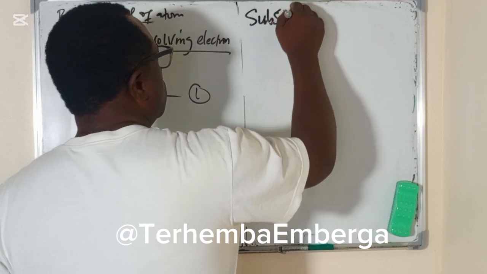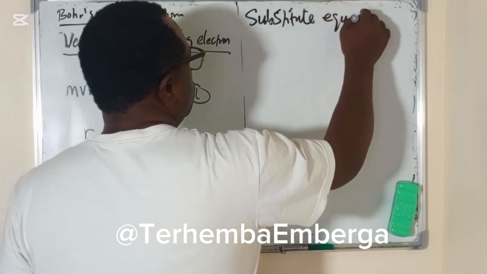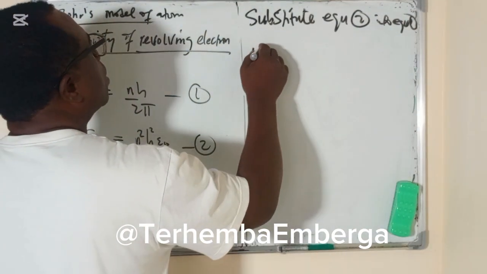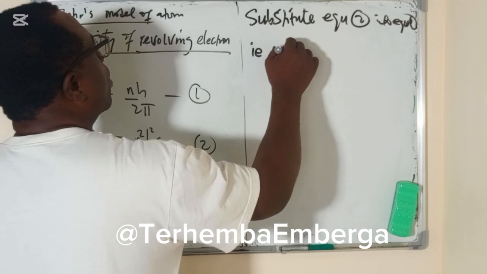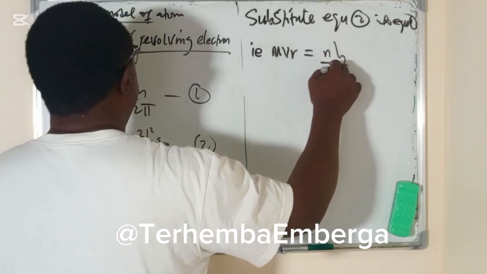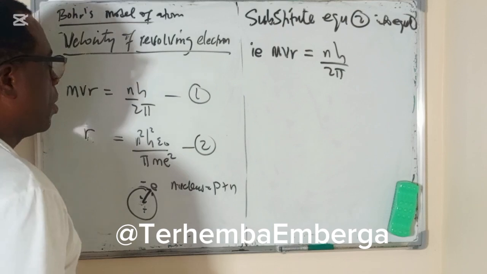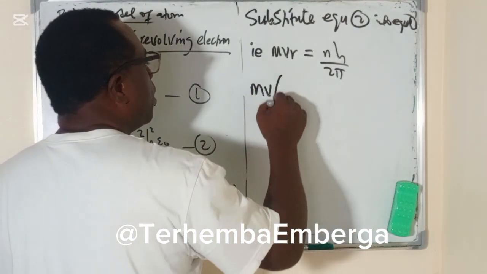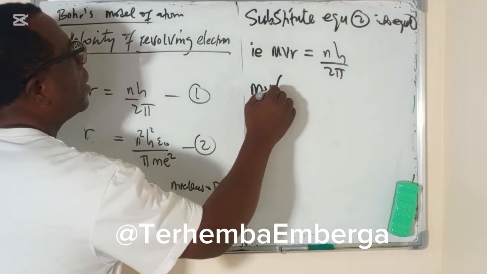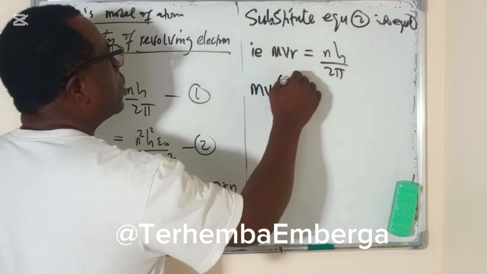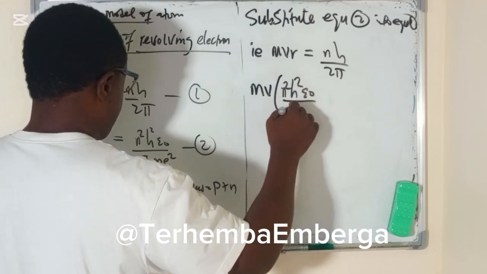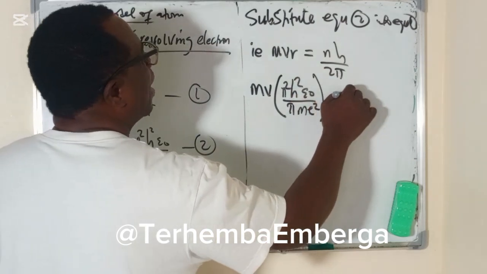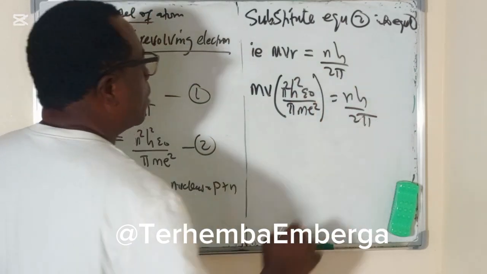Substitute equation 2 into equation 1. That is, we have mvr equal to nh all over 2 pi. But our interest here is r. So we can say that mv into r, now n square h square epsilon naught all over pi m e square, equal to nh all over 2 pi.